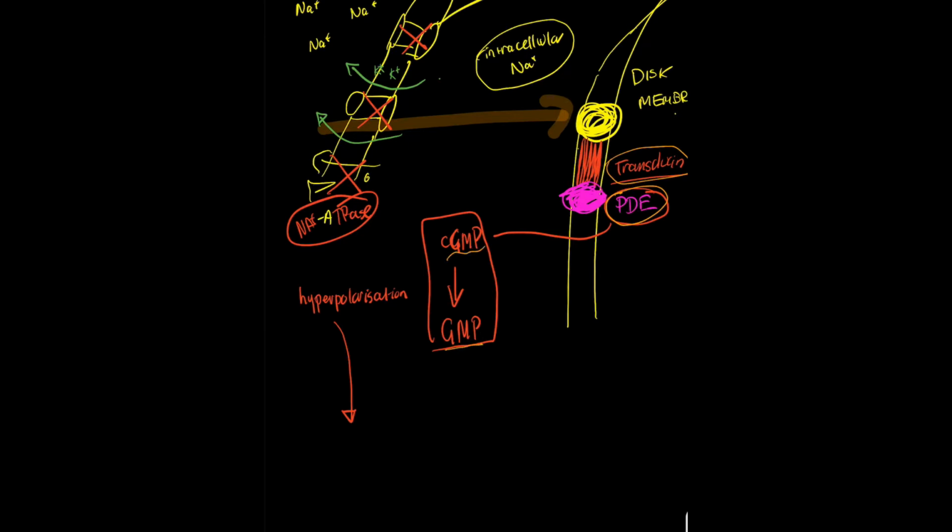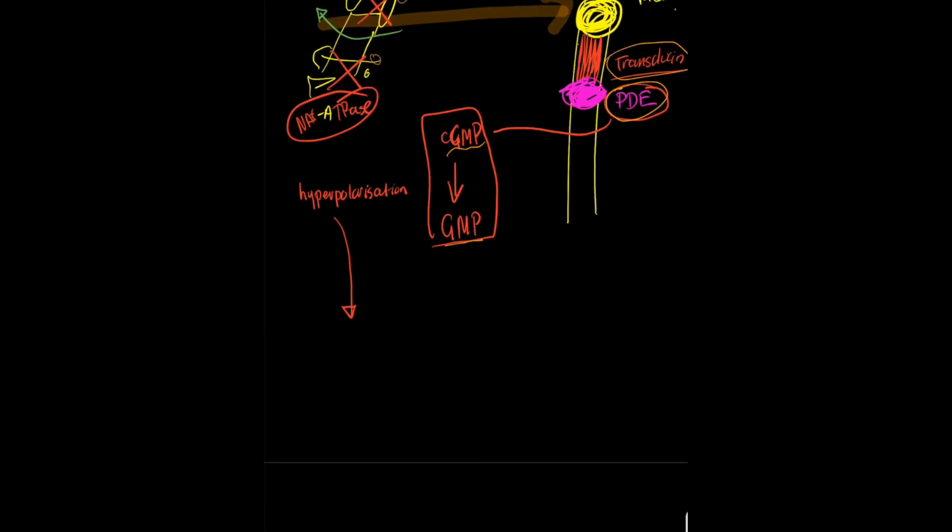And because we no longer have our cGMP to open these ion channels, all of a sudden it becomes more negative inside and we hyperpolarize. However, when there's no light, we still have these cGMP molecules and they keep those channels open. And everything keeps running normally. So the interesting thing is that there is something called a dark current.